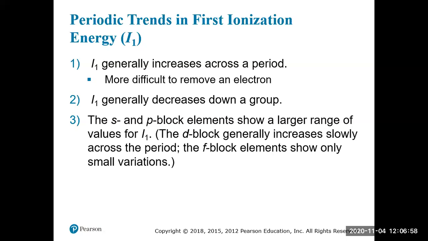The S and P block elements show a larger range of values for the ionization energy, so you see bigger differences there. D block elements, you see some increases, but it's a slower increase. And for F block elements, you don't see much difference at all in the ionization energies.